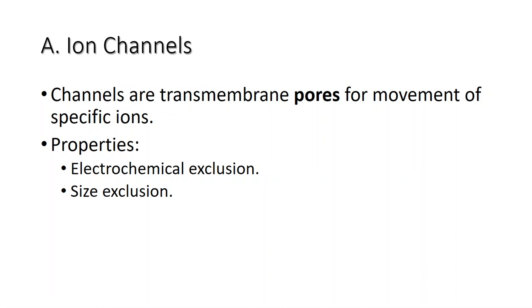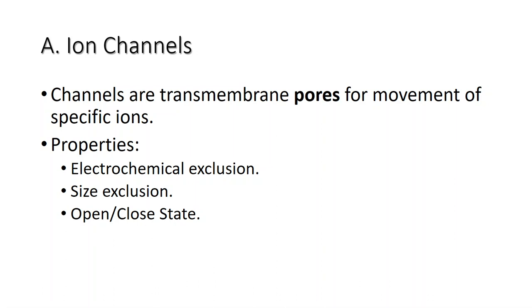Moreover, a channel may have several different states corresponding to different conformations of the protein. But each state is either open or closed. In general, the closed state of the channel restricts movement of the ions.